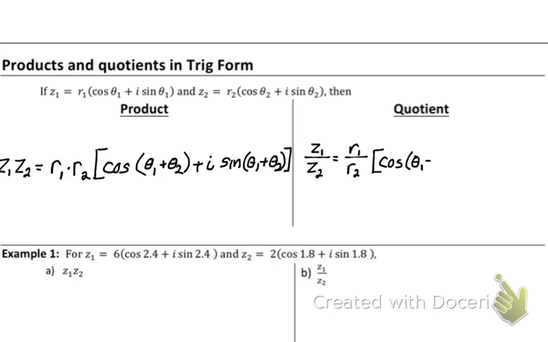So we have theta sub 1 minus theta sub 2. It's important you delineate which is which, because whatever's on top is going to go there, whichever one's on bottom is going to go there. All right, and then we have plus. What I do to cosine, I do to my sine, so I have I times sine of theta sub 1 minus theta sub 2.